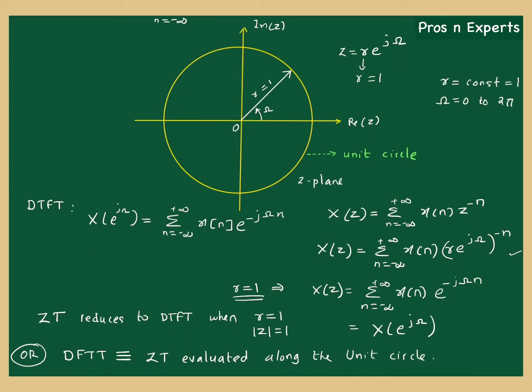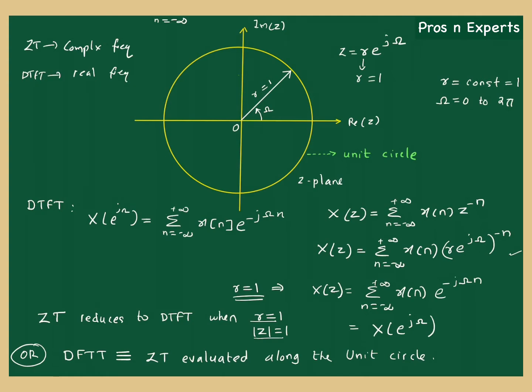The special case of mod z equal to 1 or r equal to 1 is geometrically a unit circle. So DTFT is nothing but Z transform evaluated along this unit circle. This makes quite a lot of sense because as you know, Z transform deals with complex frequencies, but DTFT only deals with real frequencies.